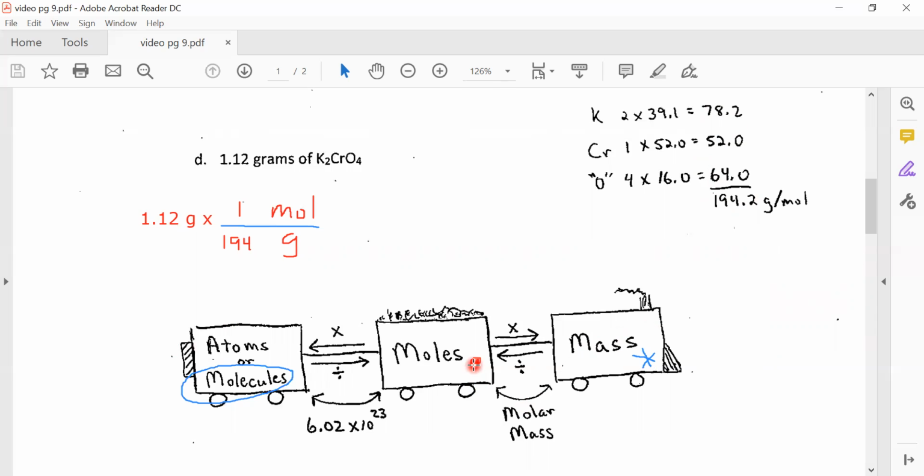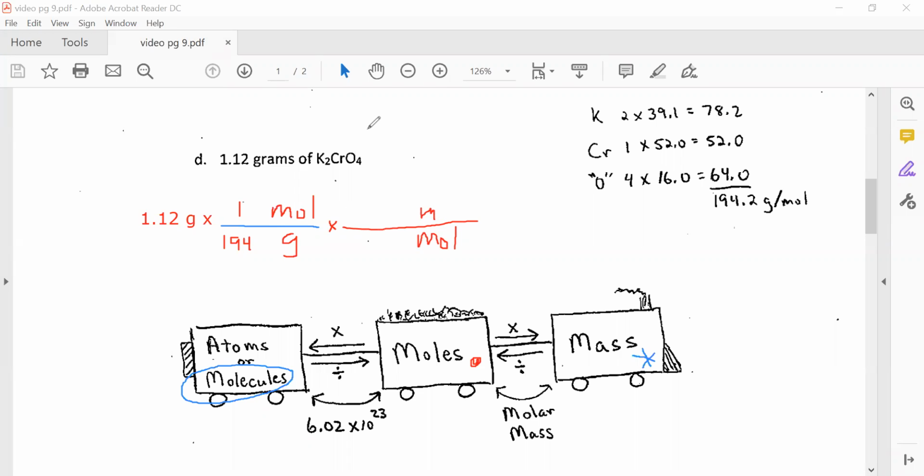Okay, I'm halfway there. I don't necessarily have to calculate that. I can just show the rest of the string and calculate it all at once. So that's what I'm going to do. For the next step, I'm going to draw a little line here, we'll put a times, and we'll put our line here, and we're coming from moles. I'm going to put moles on the bottom, and then I'm going to put molecules on top.